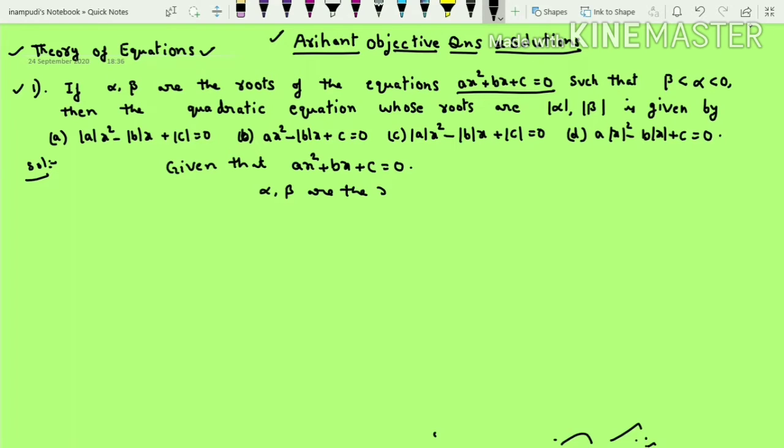Then we can write the sum of the roots: alpha plus beta equals minus b by a. The product of the roots: alpha into beta equals c by a. This is the information about the equation and its roots.